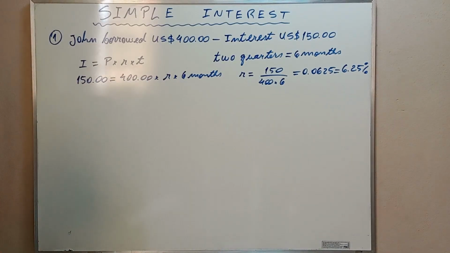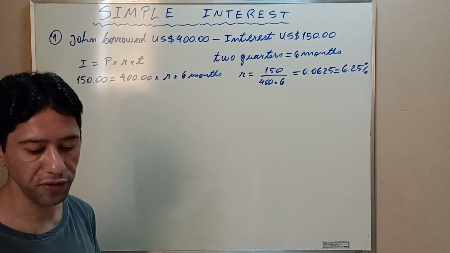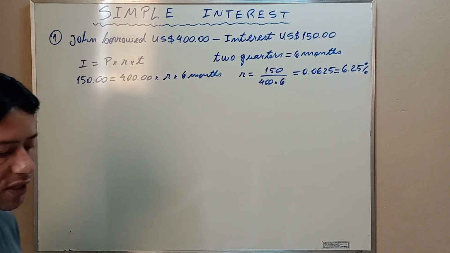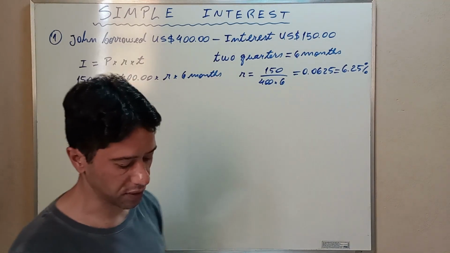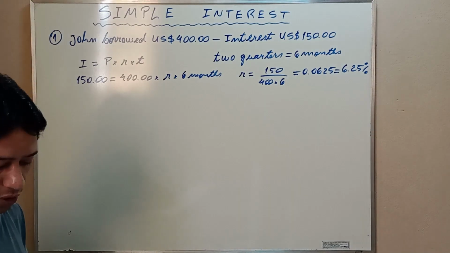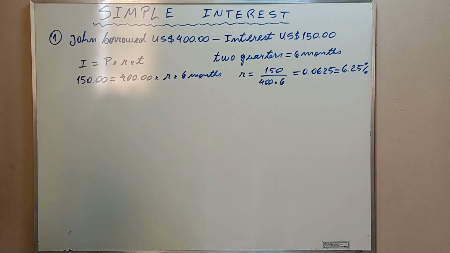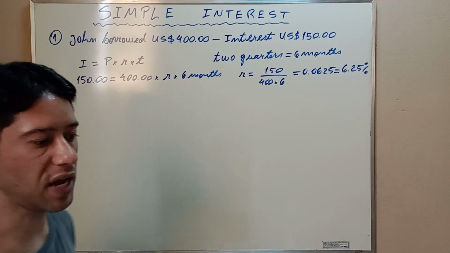And what does it mean? What does this represent? It is the rate. The exercise asked us what was the monthly simple interest rate applied by the bank. And we reach this value here. Therefore, the monthly simple interest rate charged by the bank is 6.25% per month.